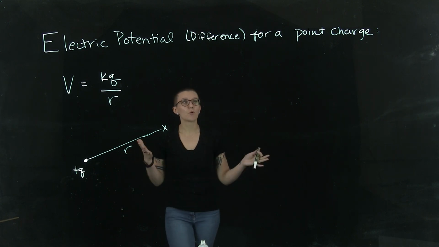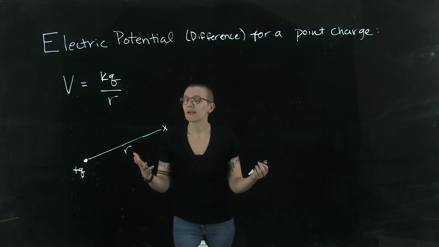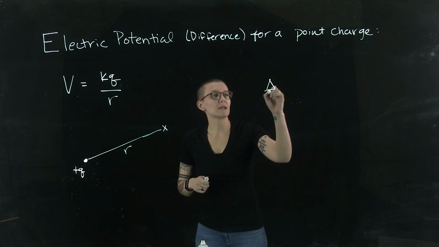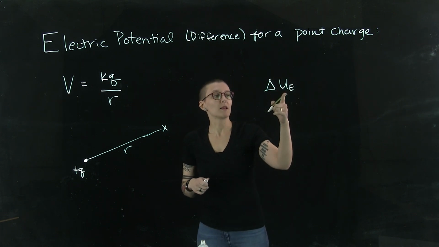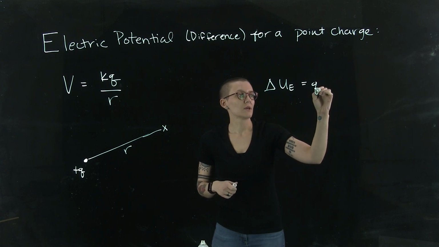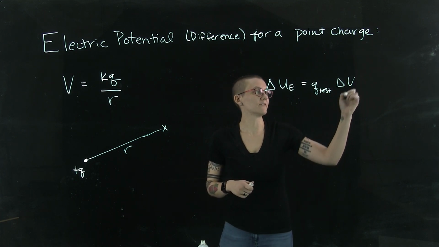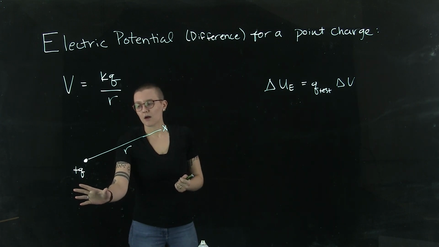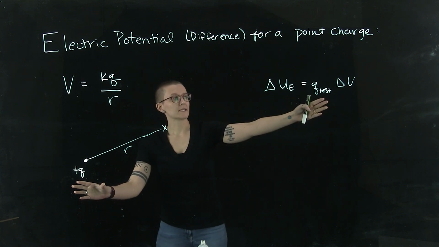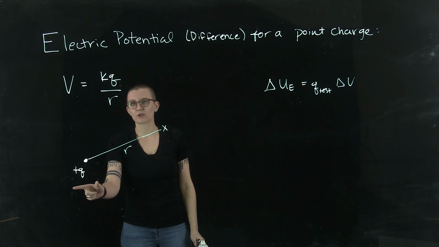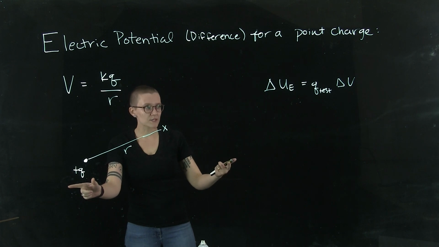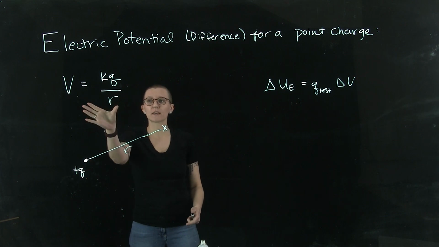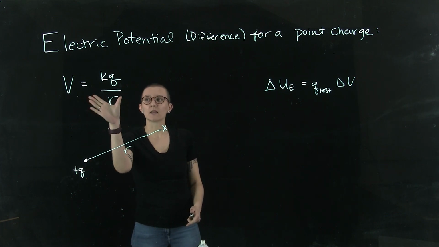So now we've seen that a point charge can produce an electric field, and also it will produce an electric potential. And now we have an understanding of, if we go back to our electric potential energy, this is equal to Q test times delta V. So if we have a test charge sitting near some other charged particle, my test charge near this plus Q charge here, it's going to feel some electric force from the electric field that's produced by the plus Q charge, and it's going to experience, depending on where it is, an electric potential.